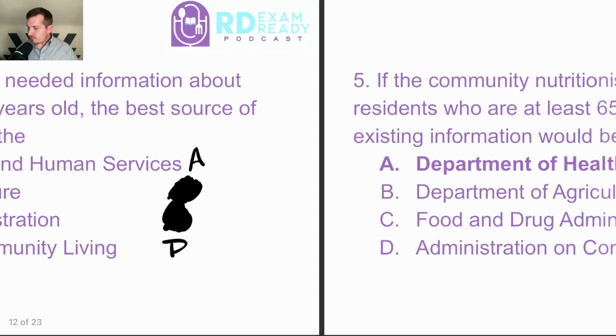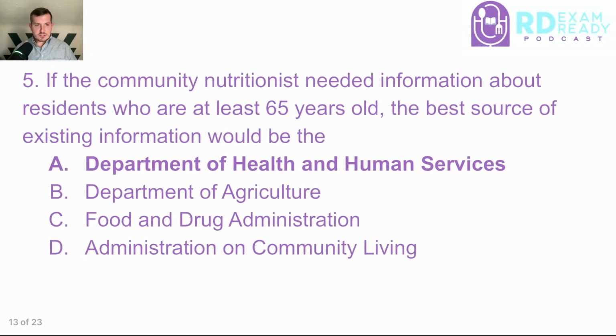Okay, let's skip ahead here. So with number five, I felt like A was going to be my best fit with this one here. We ruled out B and we ruled out C. Now, let's talk about this A and D a little bit and make sure we understand the differences between the two of them. Okay.